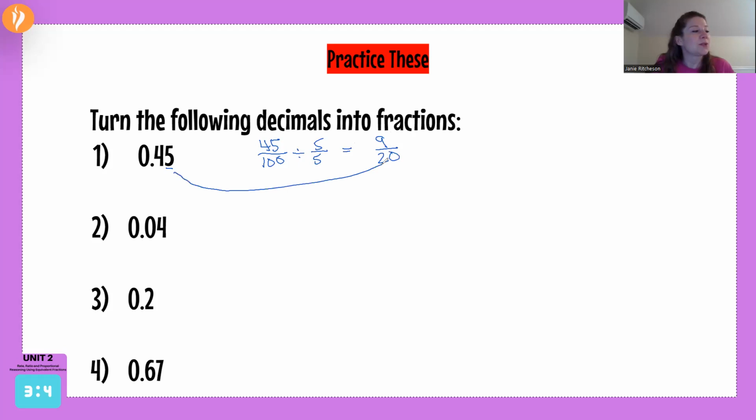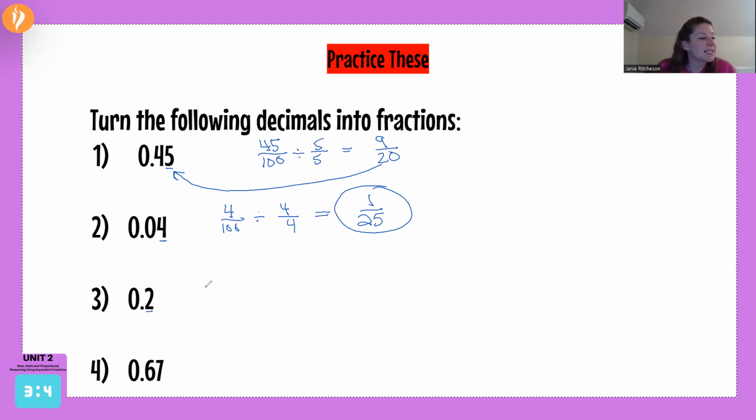9/20 is equal to 0.45 or 45%. All right, what place is this 4 in? It's in the hundredths, so we're going to put 4 hundredths. Both of those numbers are divisible by 4. So we're going to divide 4 by 4, and we get 1, and 100 divided by 4 is 25. 1/25 is equivalent to 4 100ths.